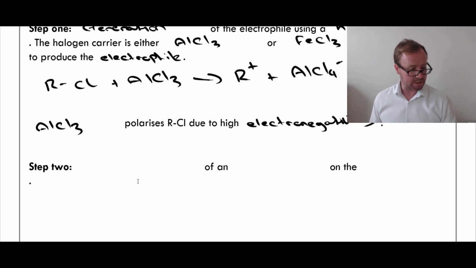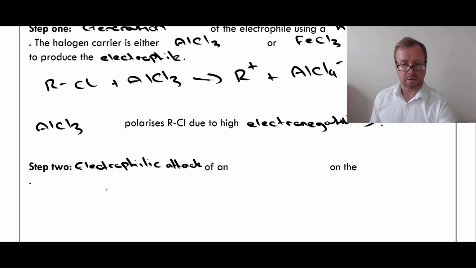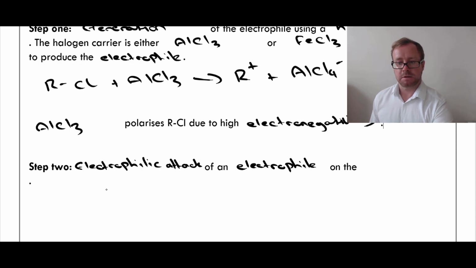Okay, step 2. So in step 2 we have electrophilic attack of our electrophile on the benzene ring.